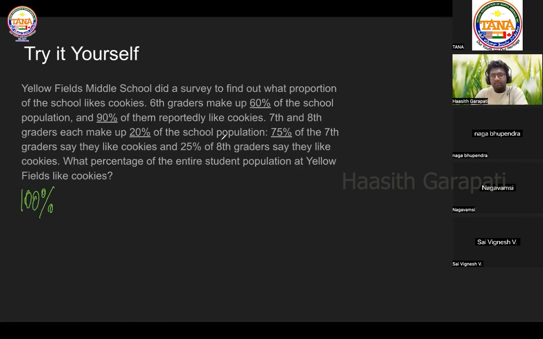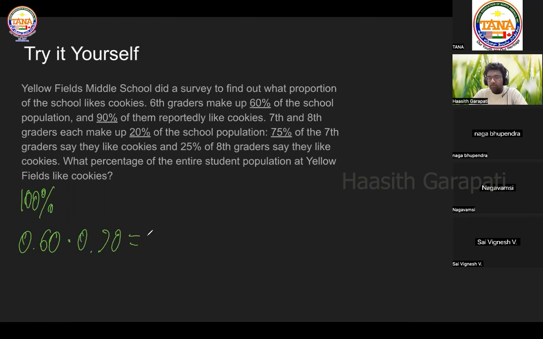So how do we find that information? Well, the sixth graders make up 60% of the school population, so 0.60. And then it says that 90% of them like cookies. So 90% of 60% like cookies. And what does this equal?